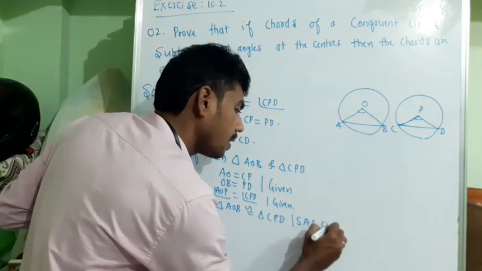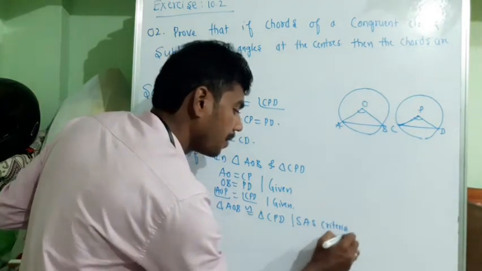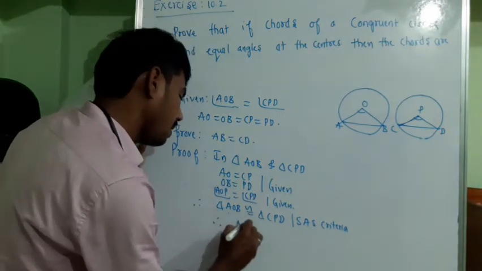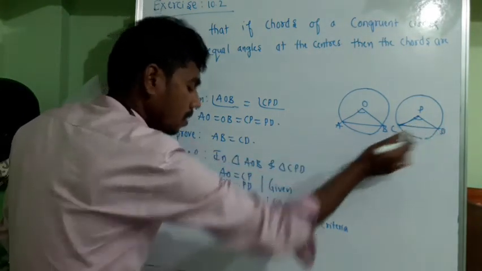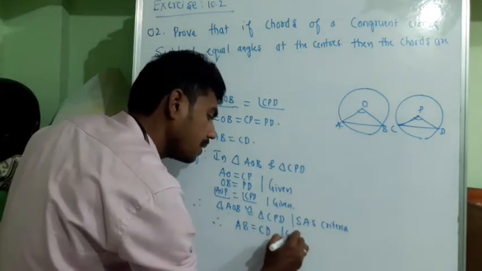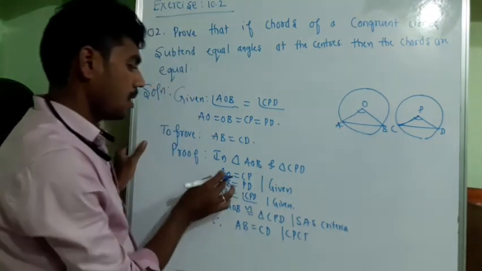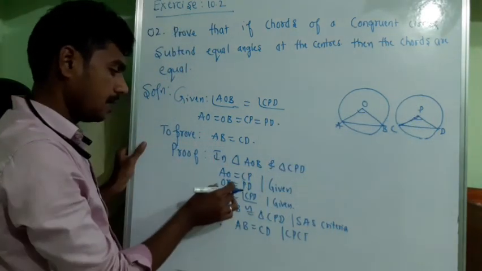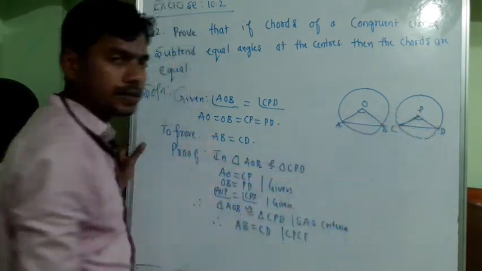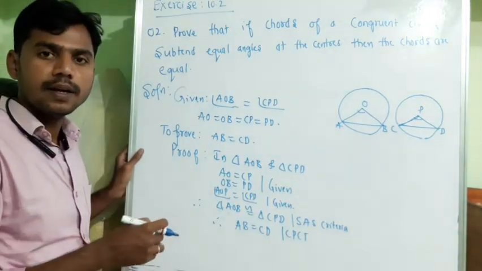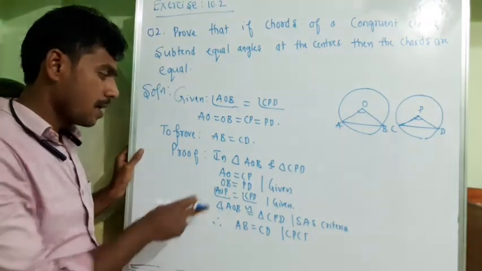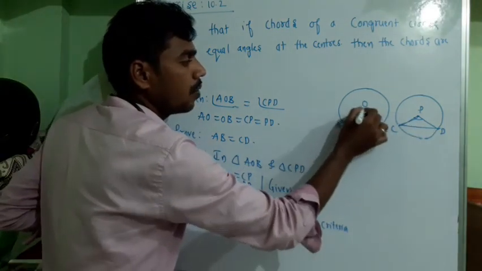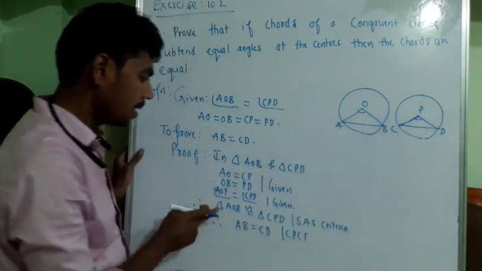Therefore, we can write AB is equal to CD. This is because of CPCT. AO is equal to CP and OB is equal to PD because they are the radii of the congruent circles, and angle AOB is equal to angle CPD because it is given.